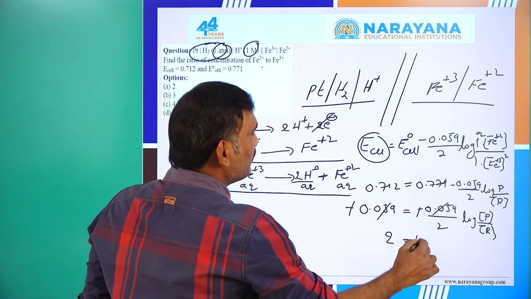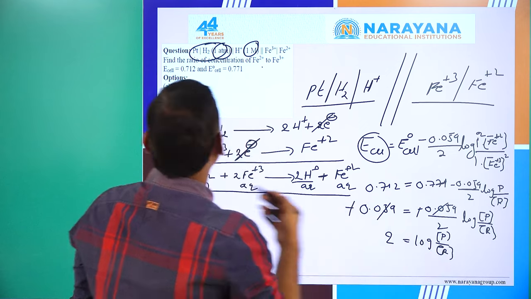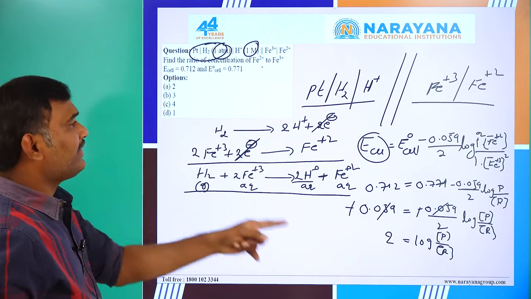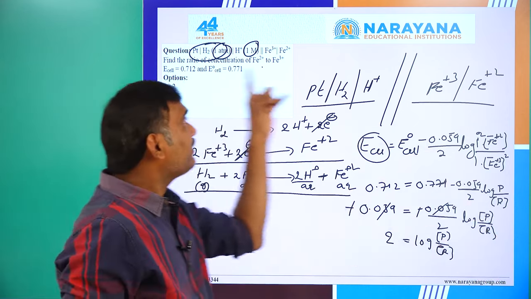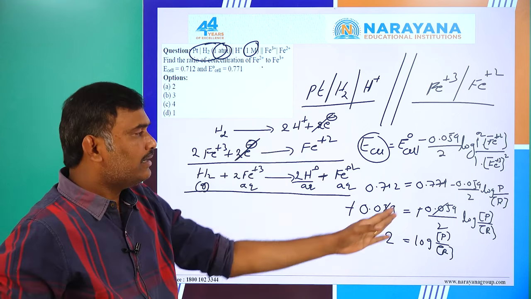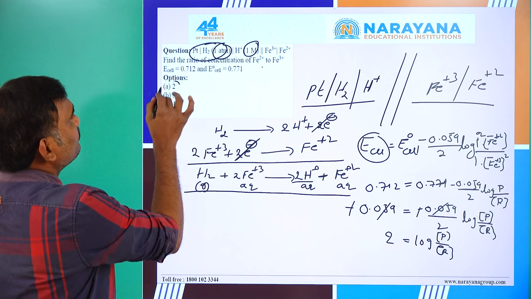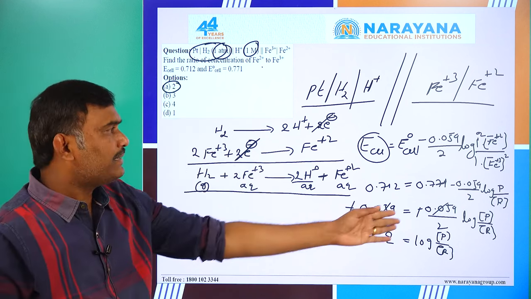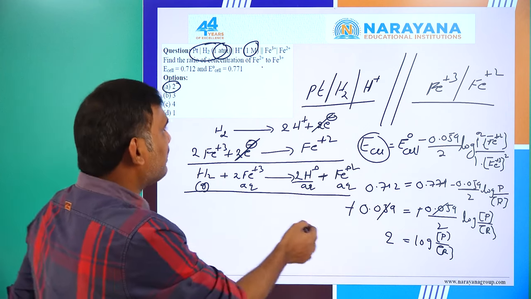I think the question is given the logarithm of product concentration by reactant concentration. Actually they have given it like this, otherwise you can write it like this also.